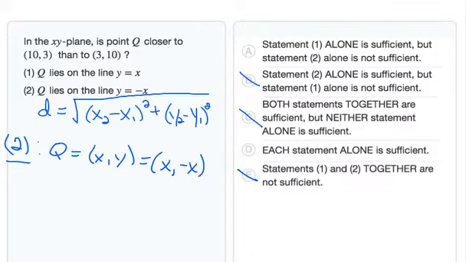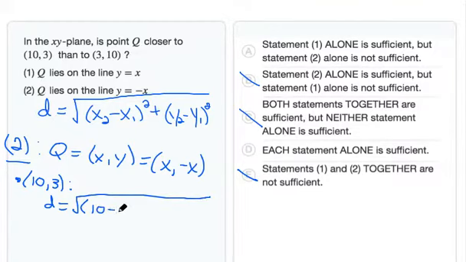Now finding the distance between each of the given points and Q, we can do what we did last time. Let's start with point 10, 3. D is equal to the square root of 10 minus x squared plus 3 minus negative x, so 3 plus x squared.